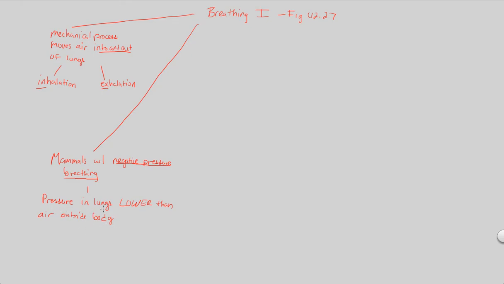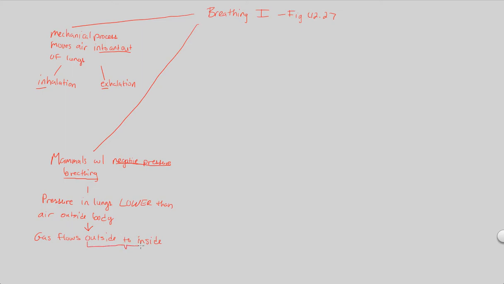So basically, because we have a lower pressure on the inside versus the outside, the end result that we get is gas flowing from the outside, the air environment, to the lower pressure inside environment that is within the lungs.